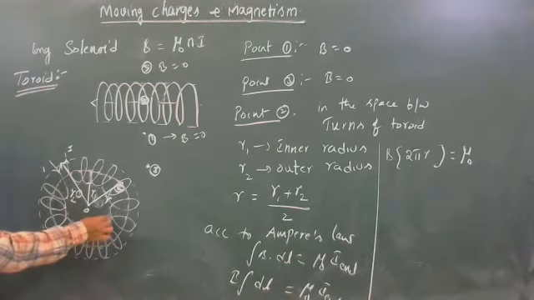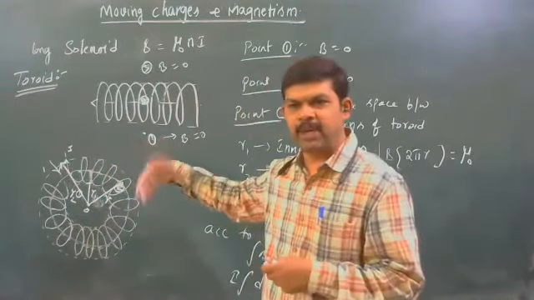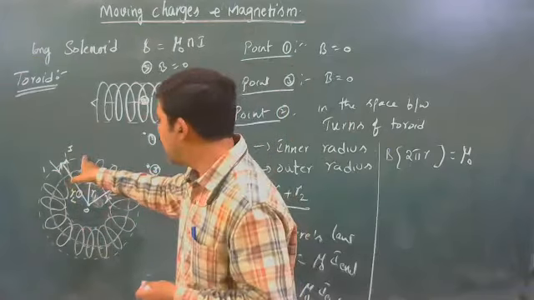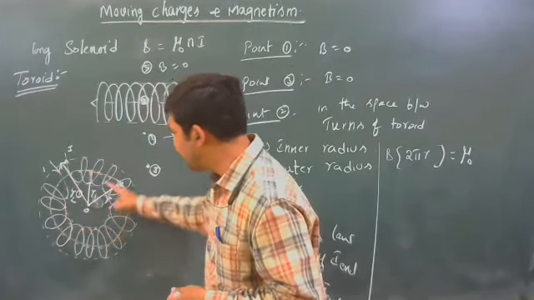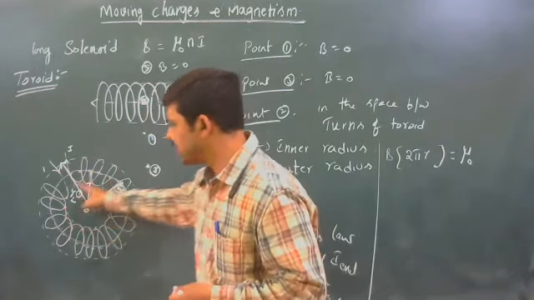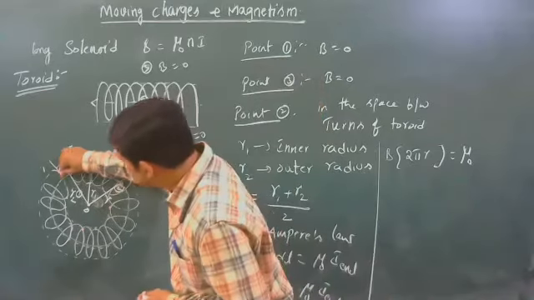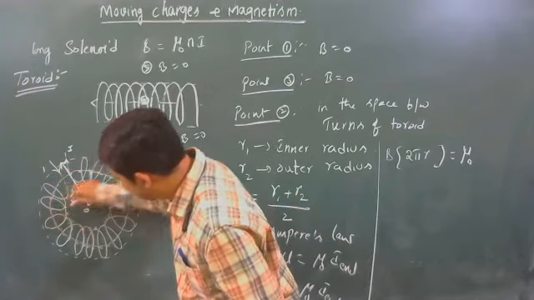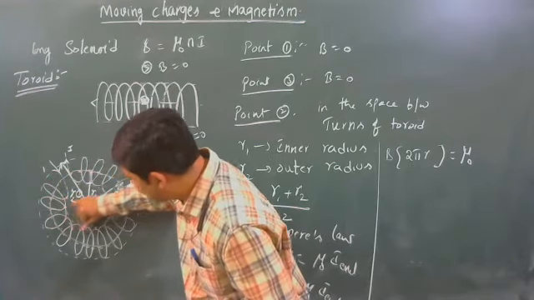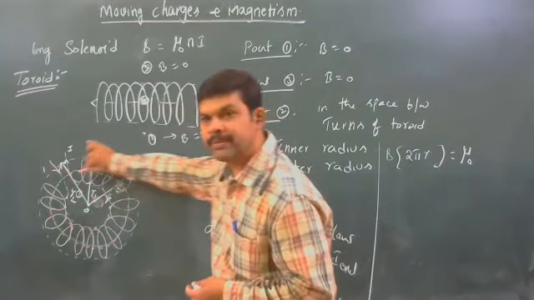In every turn, entering currents are in the loop. Outgoing currents are out of the loop. If you add all these, that is the current enclosed. All the entering currents in each turn are inside this loop.